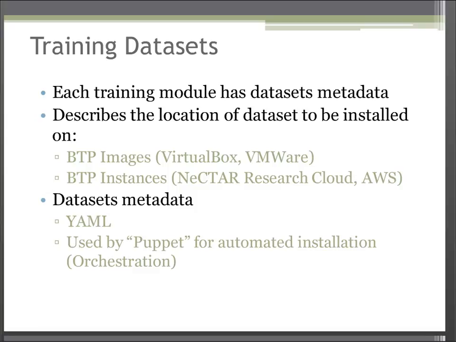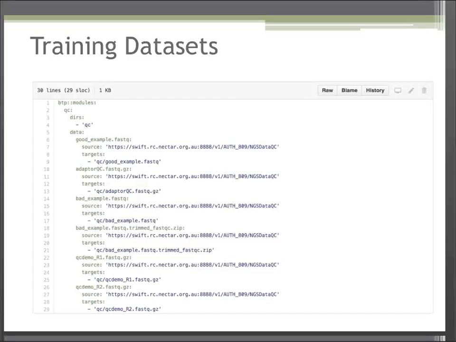This is an example of that dataset metadata file, and this is an example for downloading the object file from Swift, which is the object storage service for the Research Cloud in Australia, and it describes where to install it using the target lines in this file.